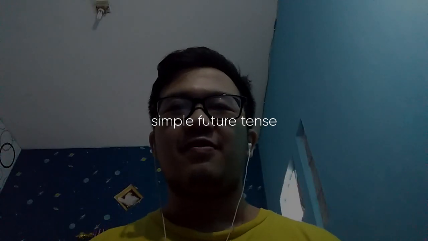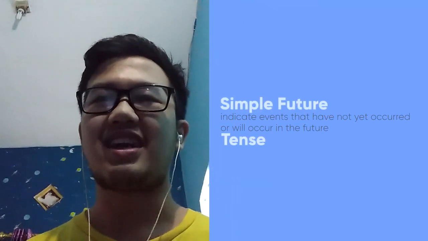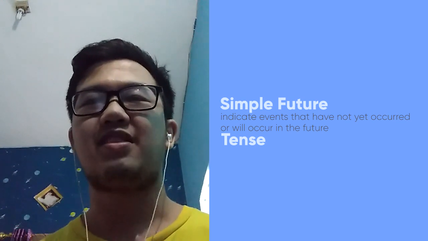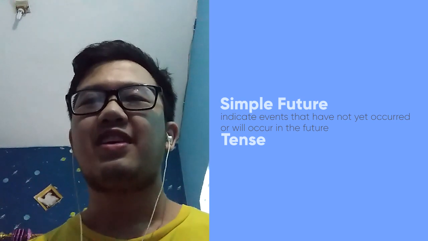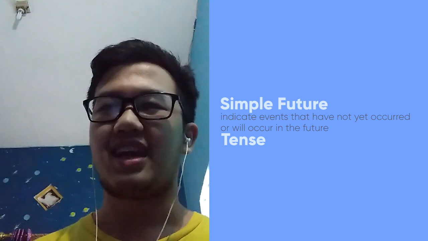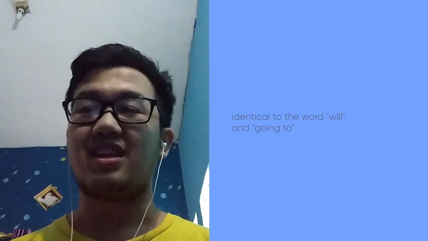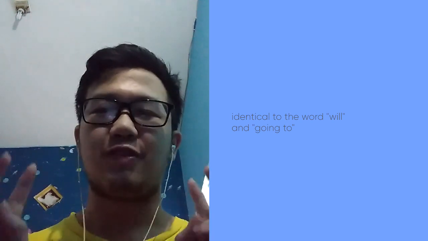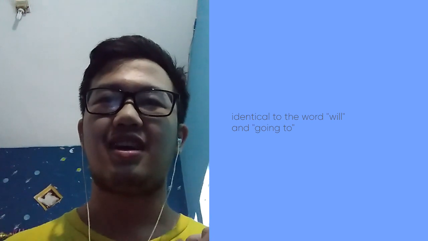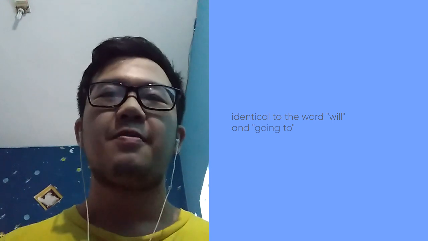Next is simple future tense. Simple future tense is a tense used to indicate events that have not yet occurred or will occur in the future. The use of this form is identical to will and going to. How to make it?